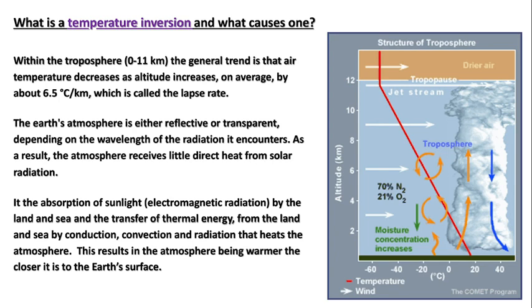As a result, the atmosphere receives little direct heat from solar radiation. It is the absorption of sunlight, electromagnetic radiation, by the land and sea and the transfer of thermal energy from the land and sea by conduction, convection, and radiation that heats the atmosphere. This results in the atmosphere being warmer the closer it is to the Earth's surface.